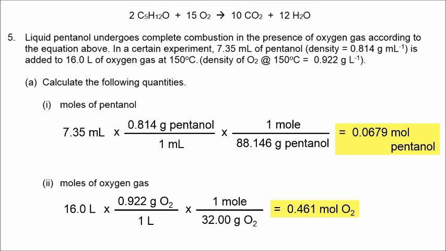Now the limiting reactant is not necessarily the pentanol just because there is a smaller number of moles. We have to consider the balanced equation in which 2 moles of pentanol react with 15 moles of oxygen to produce 10 moles of carbon dioxide and 12 moles of water.